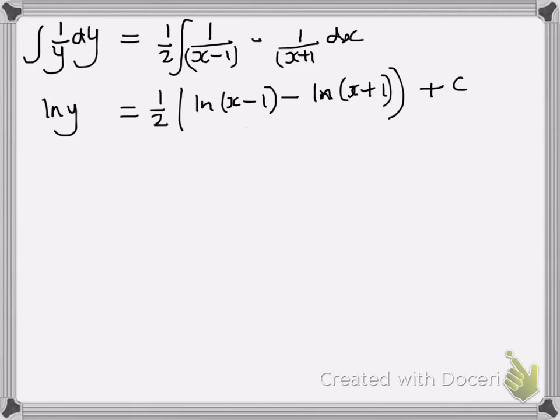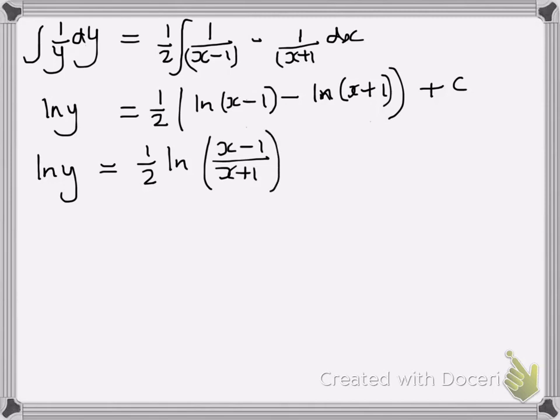Now, using my laws for logs, I can say that ln y is equal to a half ln (x minus 1 over x plus 1) plus c. Now I'd like everything to be written in log form, so I'm going to say let c equal ln a.